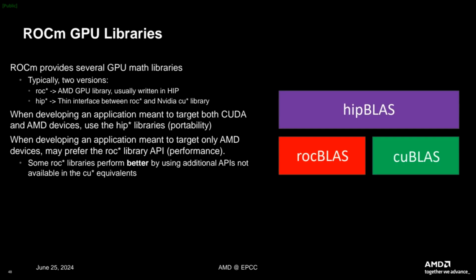So for instance, if you're in need of using BLAS, we have hipBLAS, that's an umbrella that would invoke cuBLAS if you're running on CUDA, on NVIDIA hardware, or rocBLAS if you're running on AMD. And if you know that you are going to be running on different GPUs, on different vendors, then it's better to use hipBLAS. But if you already know that you're going to be running only on AMD, then for performance, it's better to just use rocBLAS directly.